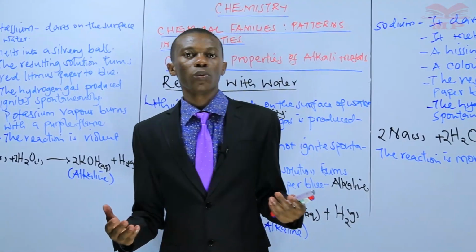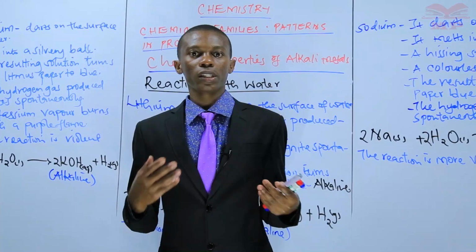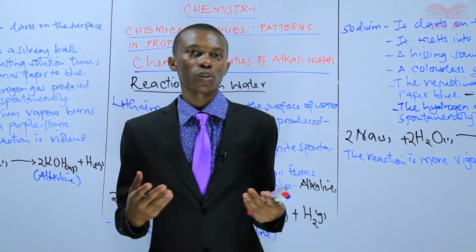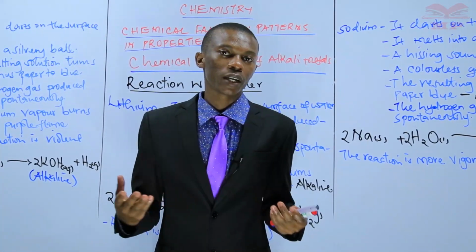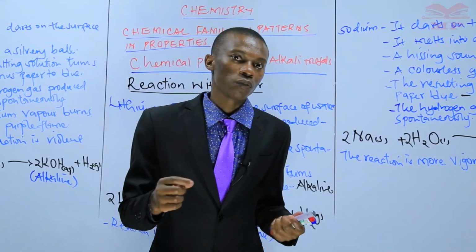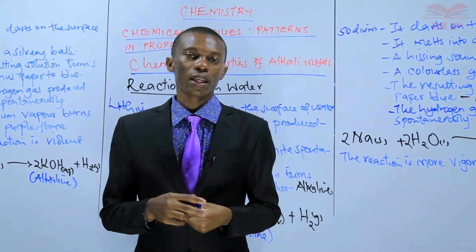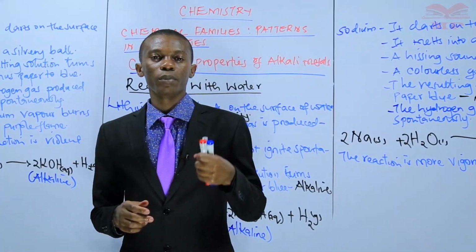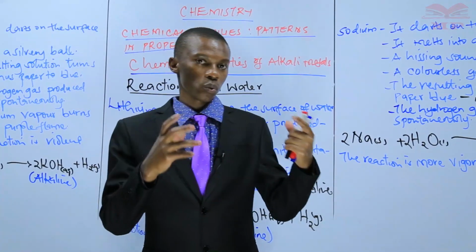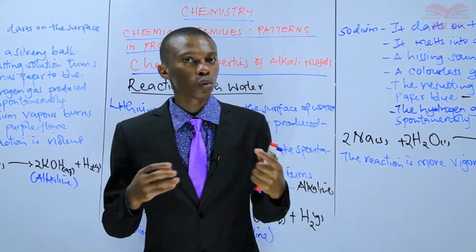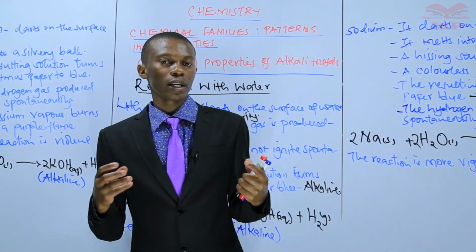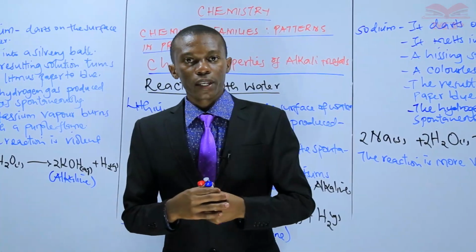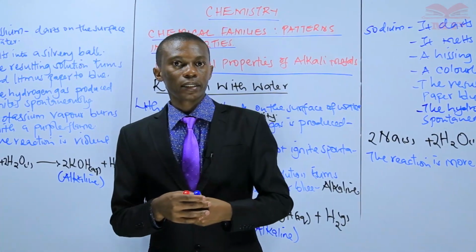If somebody asks you what happens, or to state 4 observations which you will be able to make when you drop a piece of sodium metal in water, then I know right now you can be able to do that because we have gone through that. So ensure you also go through it on your own and see whether you understand it.